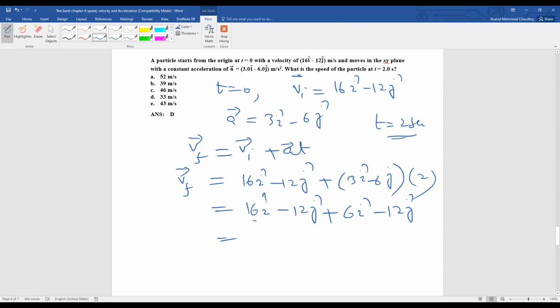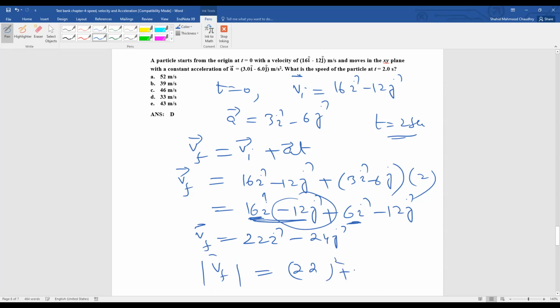So you can solve this one. This is 16i and 6i, this is 22i. And minus 12j and minus 12j is minus 24j. So this is Vf. So you can find the magnitude of Vf, 22 square plus 24 square. Or with negative signs, the same value will come. And this is equal to 33 meter per second. So this is the answer. So here answer is this.